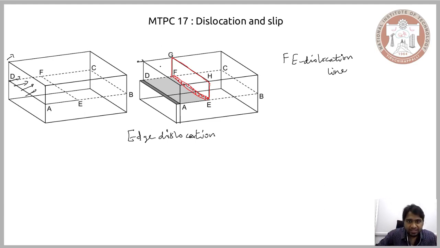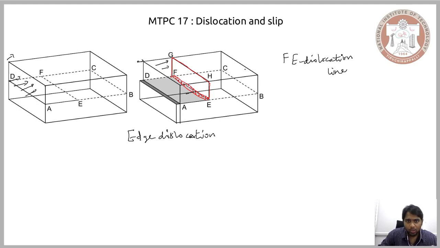So this region here has already experienced the movement of the extra layer of atoms. The extra layer of atoms which began here has now moved and reached a point here. So initially the extra layer of atoms would have been here. You keep on imposing the stress and it has moved till this region.